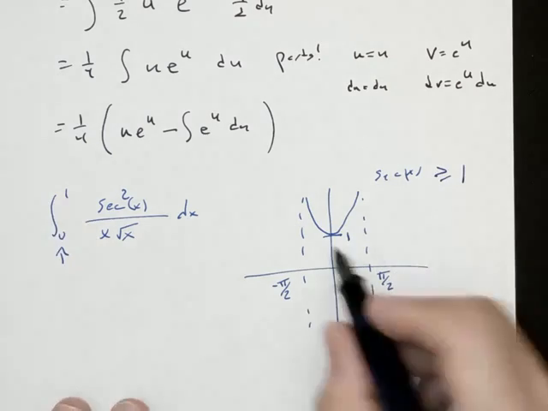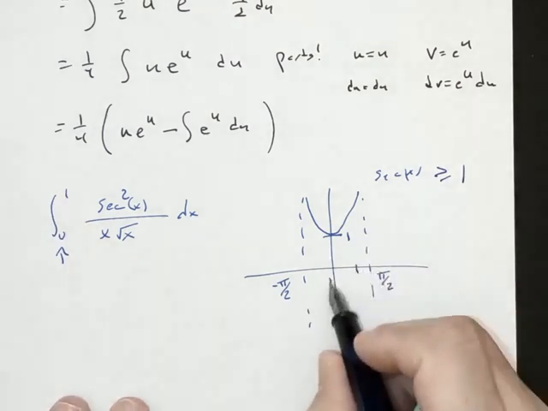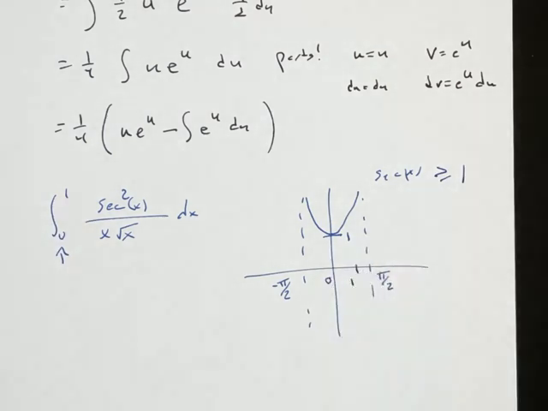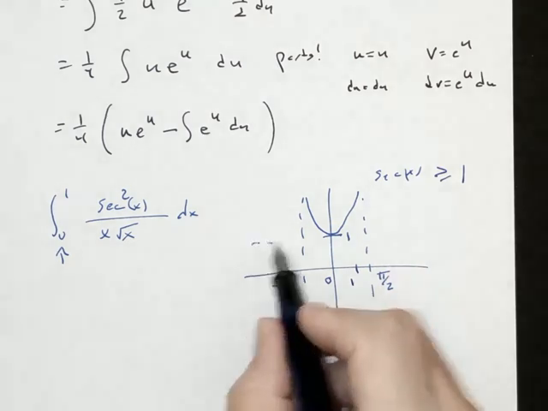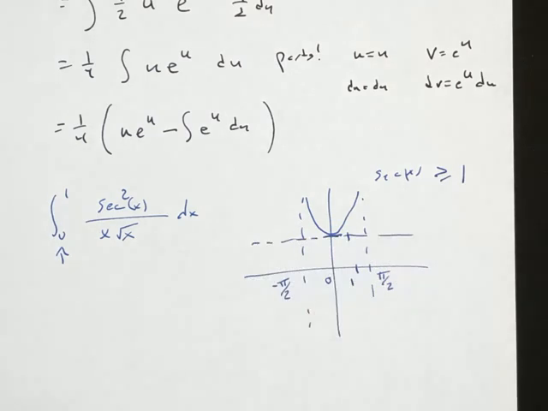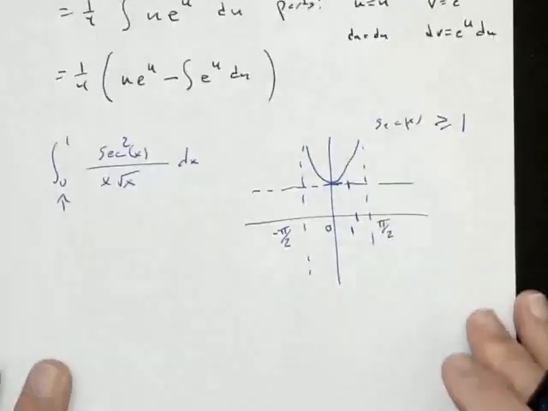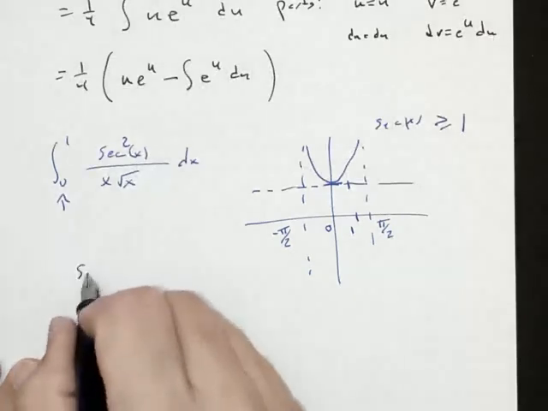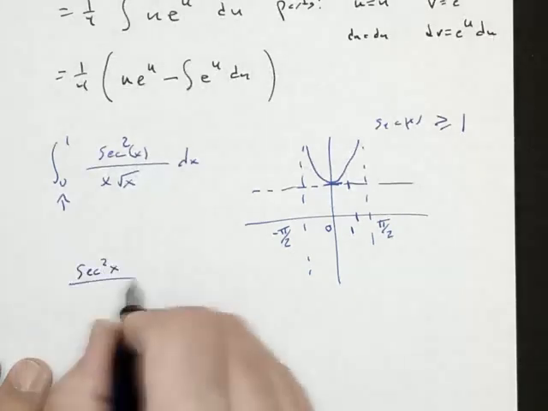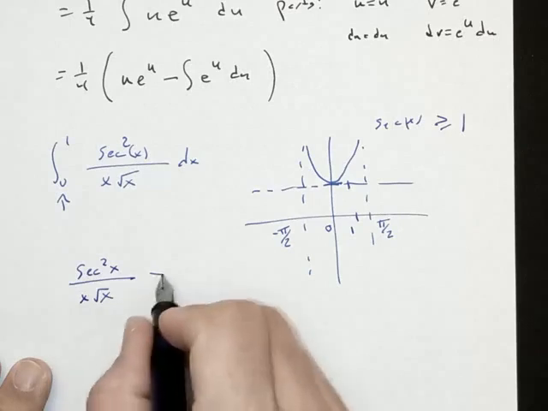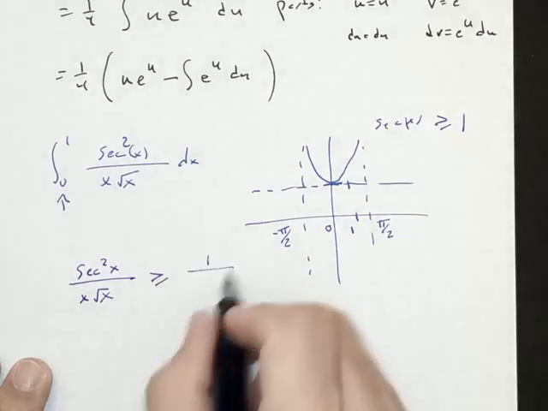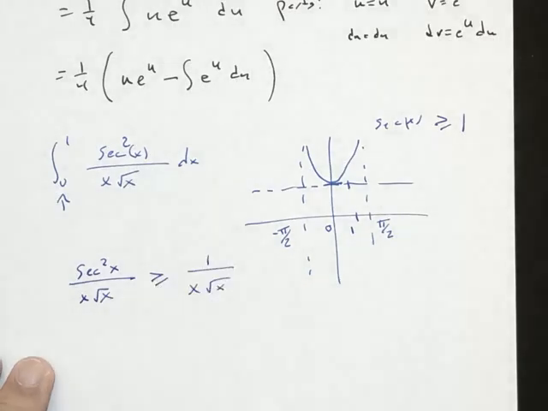Between 0 and 1, that's definitely true, right? And that means that secant squared is bigger than 1. And that means that secant squared x over x root x is bigger than or equal to 1 over x root x.